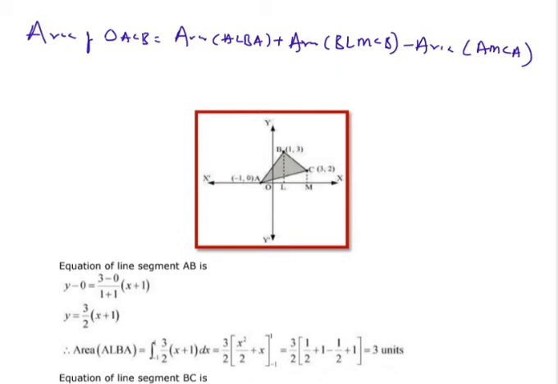Sorry. The area ACB we have, which is equal to the shaded region ACB, which is equal to area ALBA plus area BLMCB minus area AMCA.